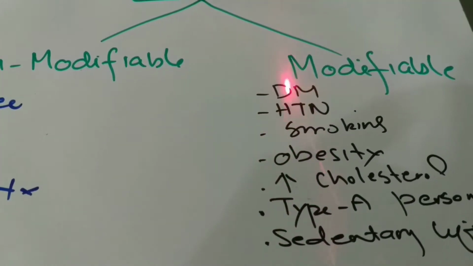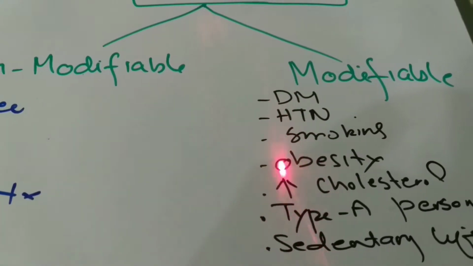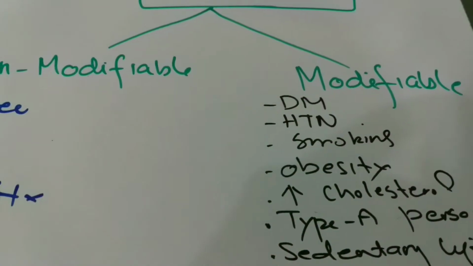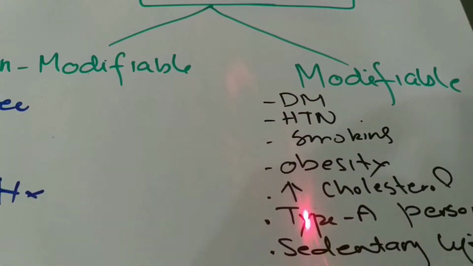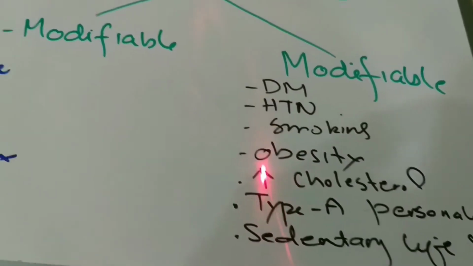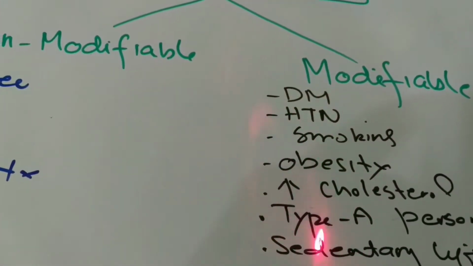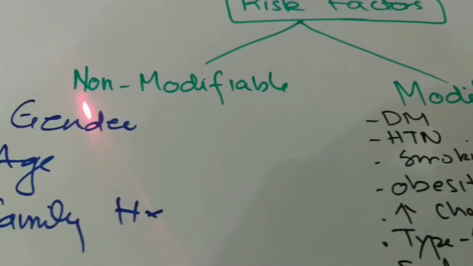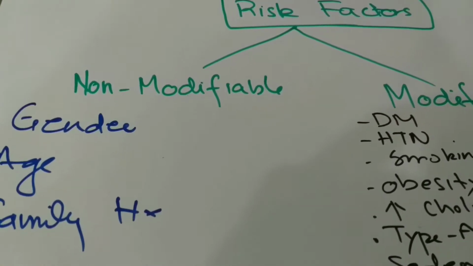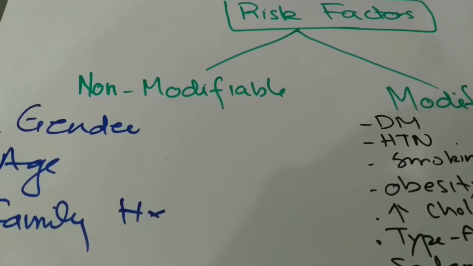These are diabetes mellitus, hypertension, smoking, being obese or having morbid obesity, having a higher level of cholesterol, a type A or very stressful personality, and sedentary lifestyle. These are the modifiable risk factors, and those are the non-modifiable risk factors. Both of these actually put persons at a higher risk of developing acute coronary syndrome or ST elevation MI.